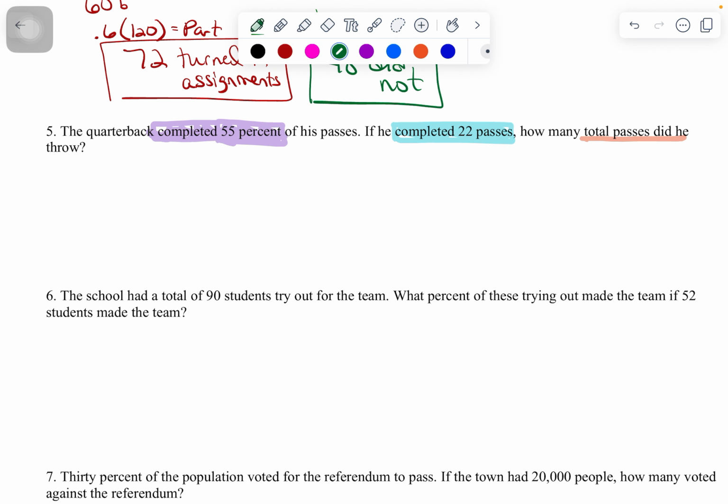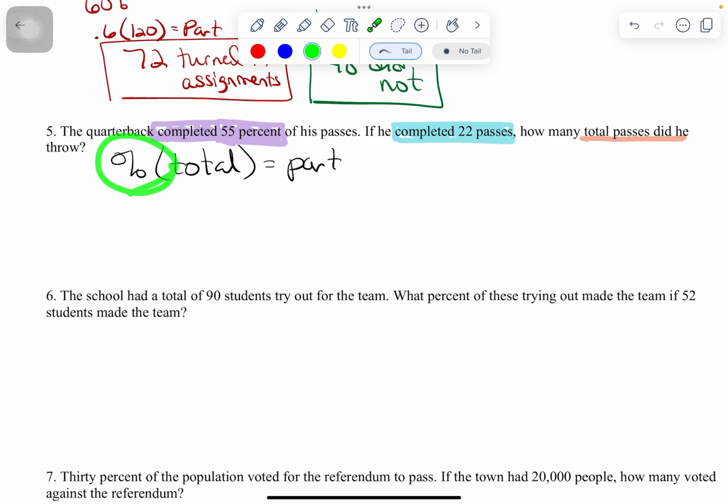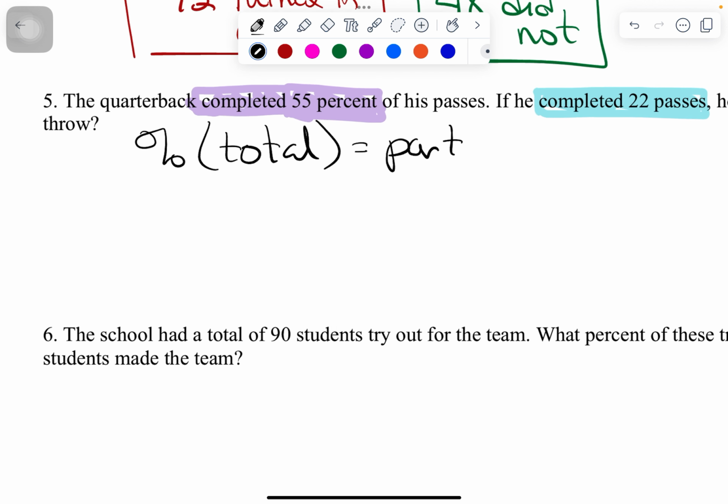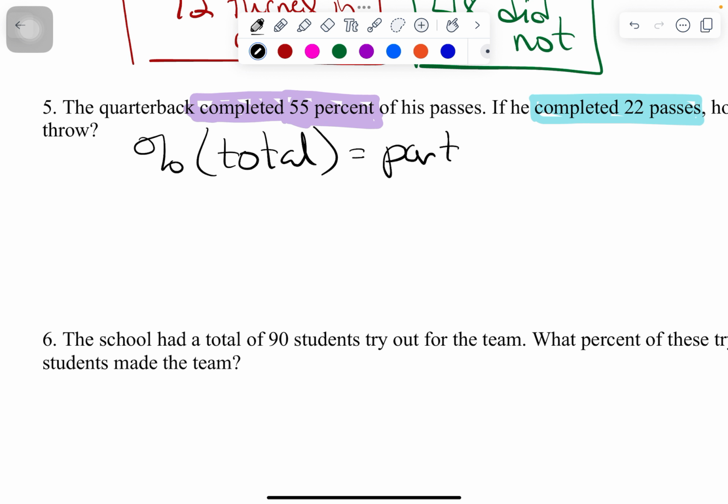So when we talk about percent times total equals part, right? So let's see, percent times total equals part. Percent, he completed 55%. So as a decimal, that's going to be 0.55.